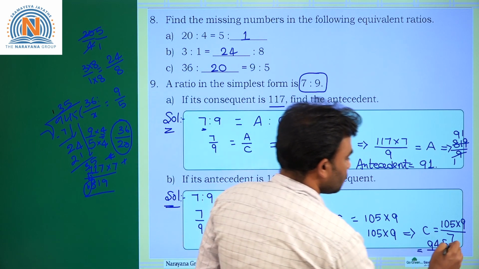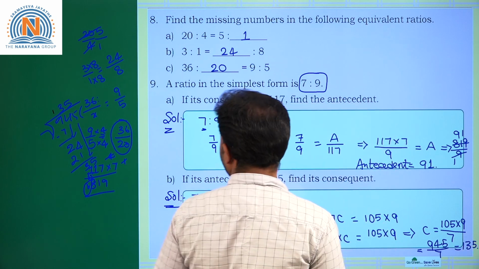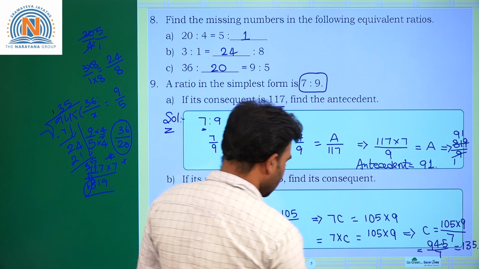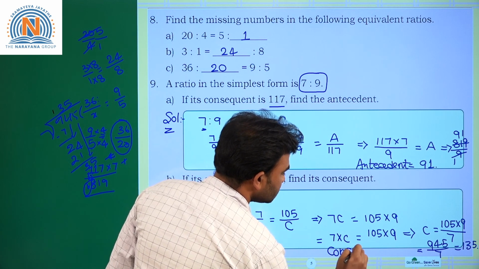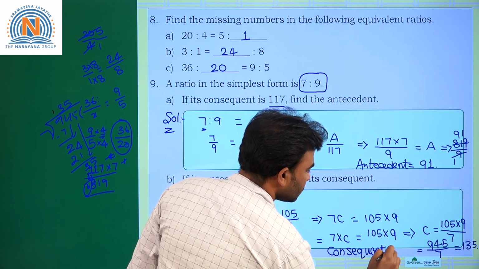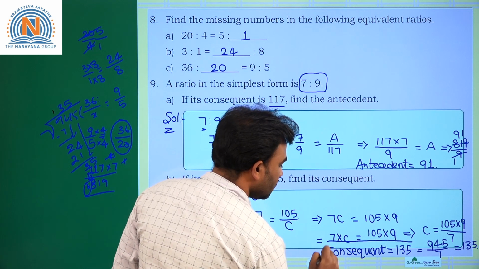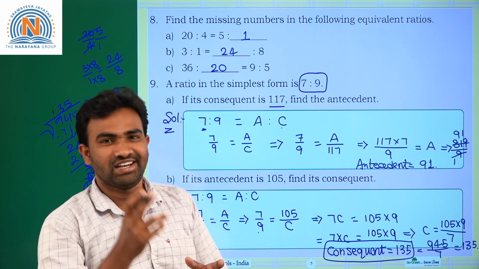So the answer is 135. What is this 135? That is the consequent. So consequent is equal to 135. This is the answer. This is our assignment for today, children. Thank you.